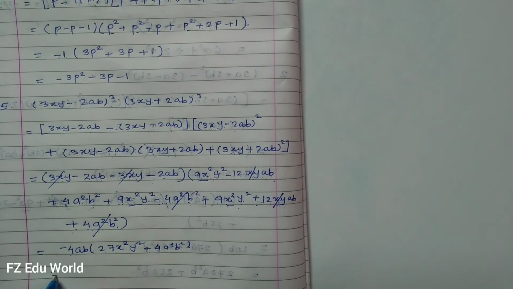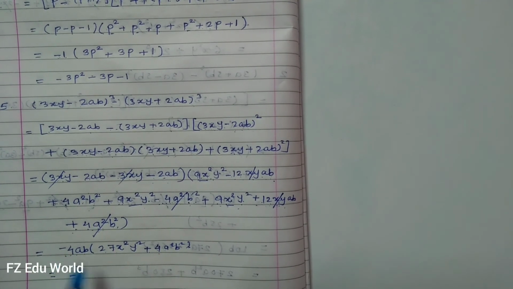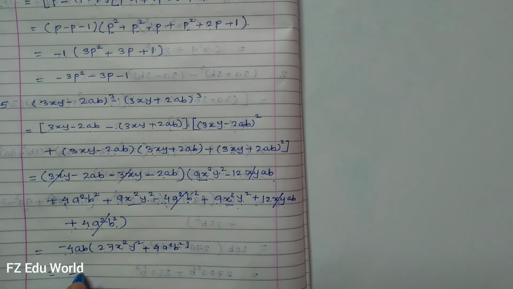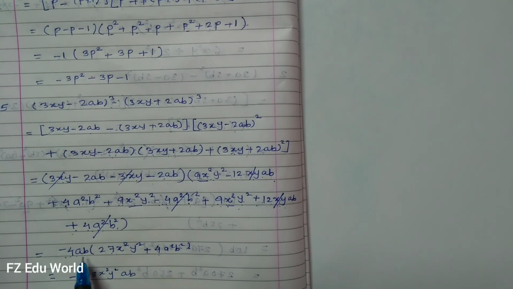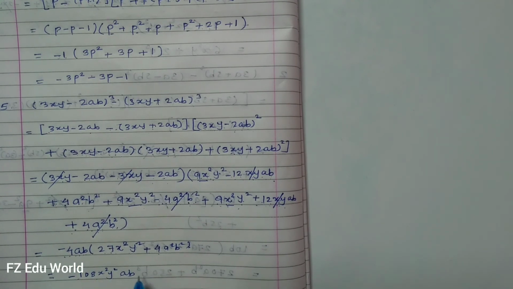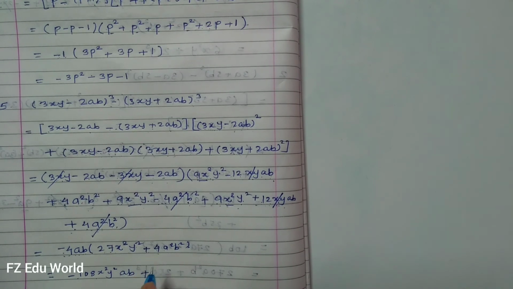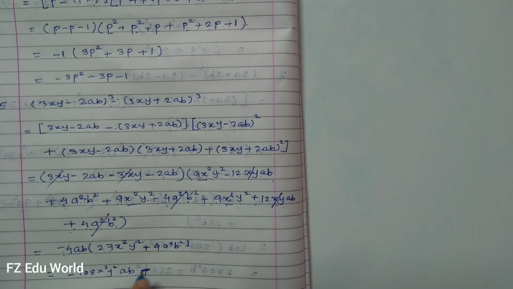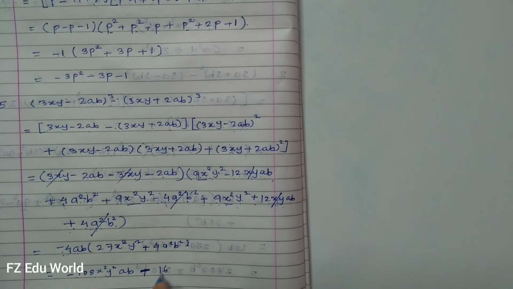Now on simplifying we are getting minus 4ab multiplied by 27x square y square, that is minus 108x square y square ab, minus 4ab multiplied by 4a square b square, that is minus, multiplied by plus, minus 4 multiplied by 4, that is 16.